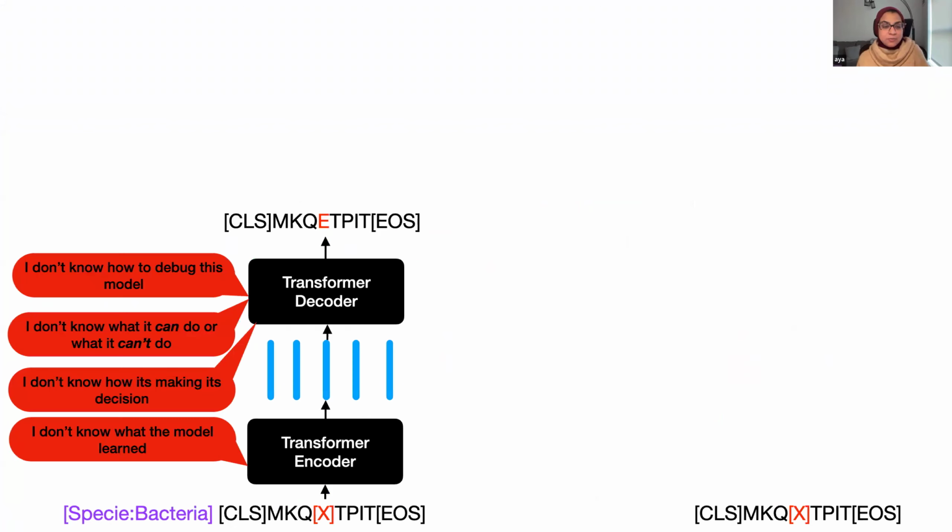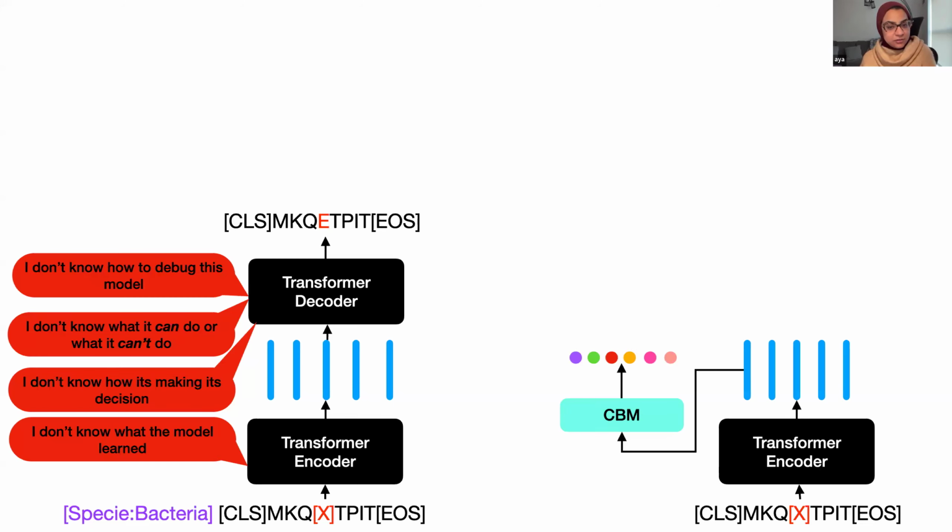Okay, so back to the black box masked language model. First we said that we do not know what concepts the model has learned, so let's try to fix that. We will start with the sequence as is, and the encoder as is. The encoder in the model on the right is exactly the same as the encoder in the model on the left.